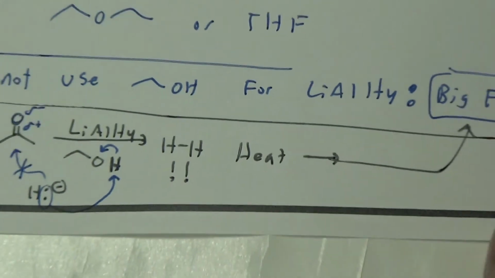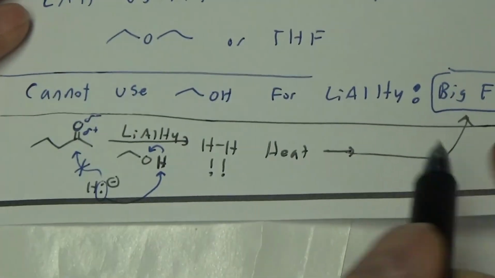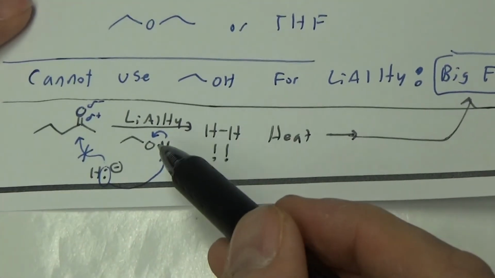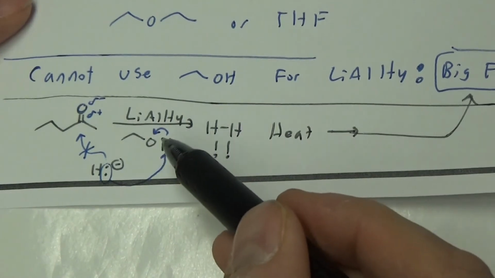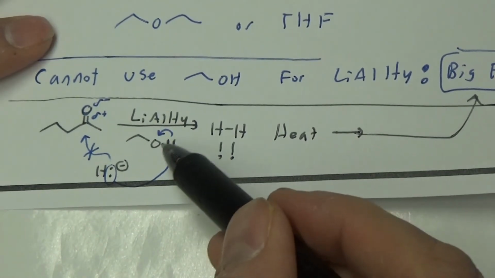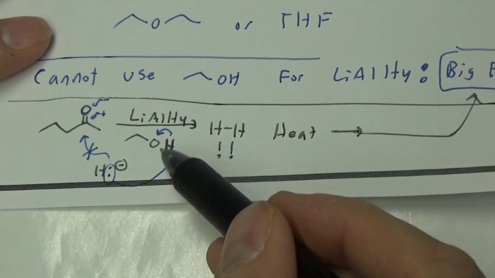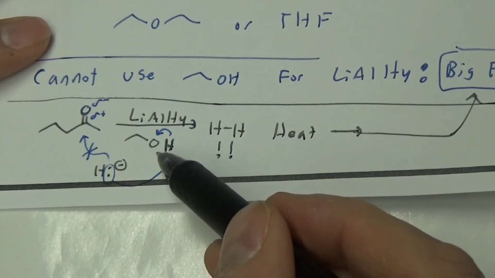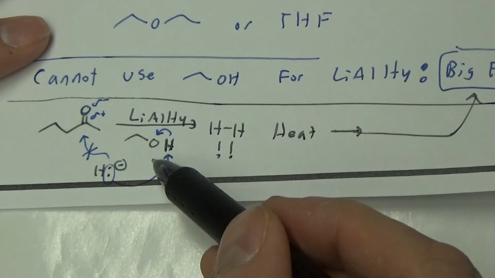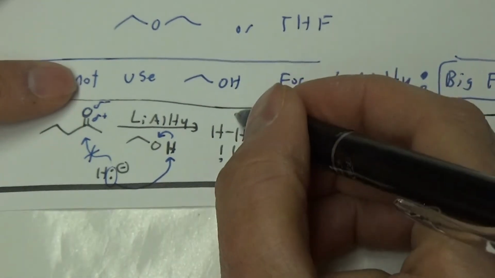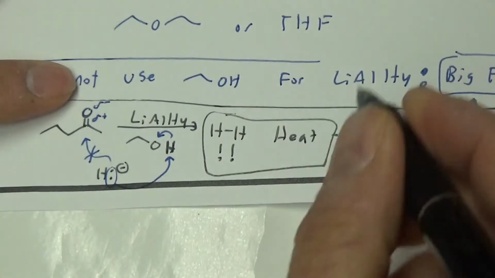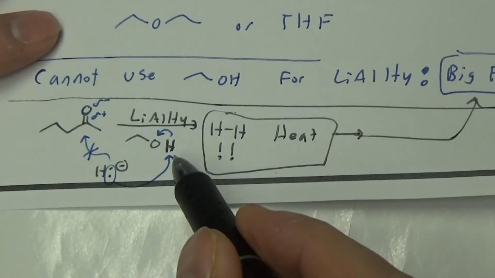Okay? And so that's why we have to be picky with our solvent choice. We usually use THF or ether, which are not hydrogen donors, right? They don't have OHs the way ethanol has an OH. All right, so that is a summary of why we would rather use THF or ether.